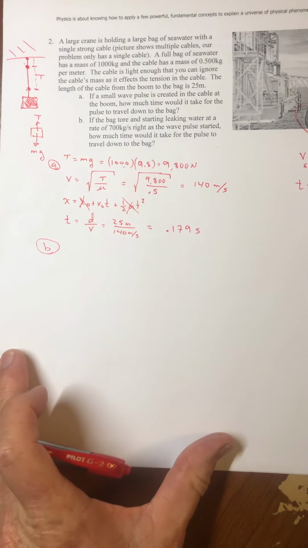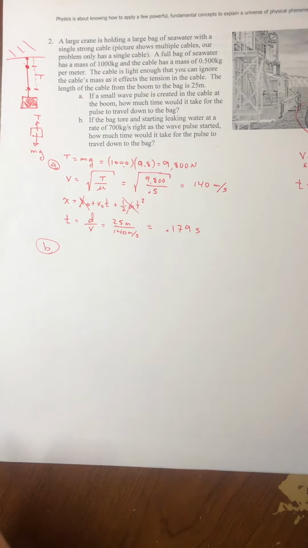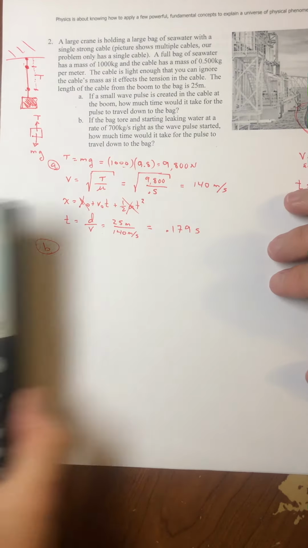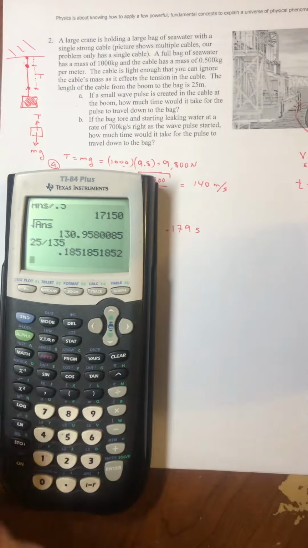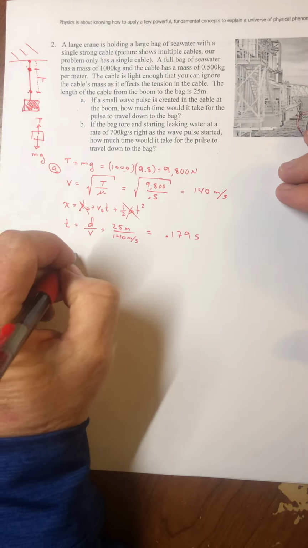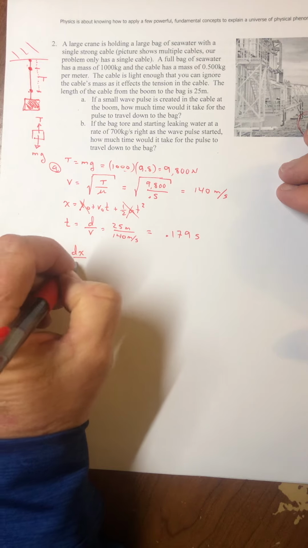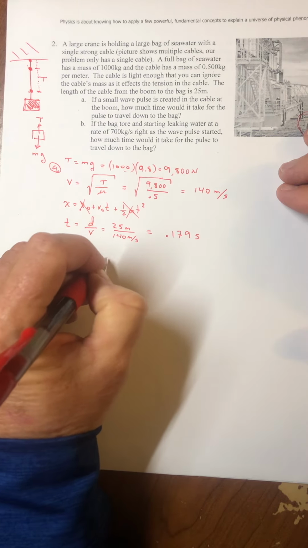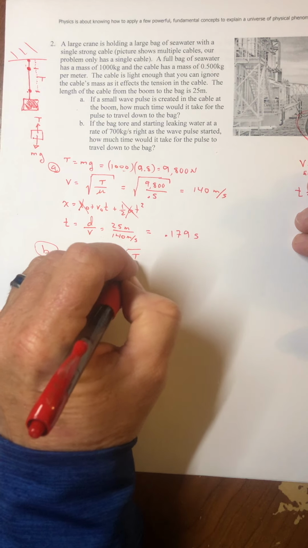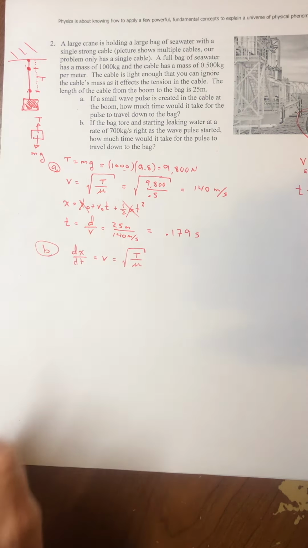But that being said, let's get to the heart of the problem here. Okay, and I wanted to take all that time just to give you a picture of knowing then why I would have to do calculus here. So really what I'm saying is the velocity dx/dt being the square root of tension over mu is a function.